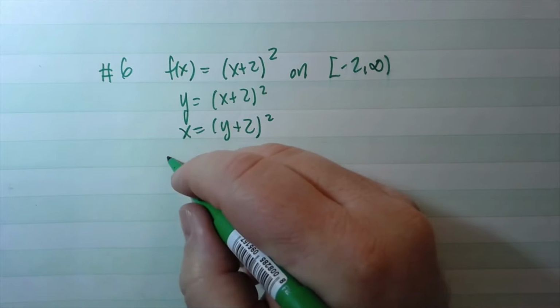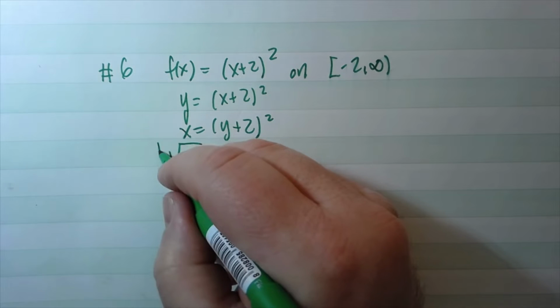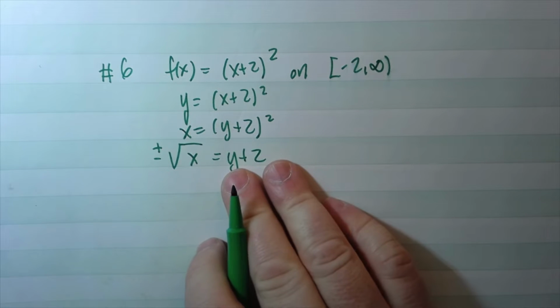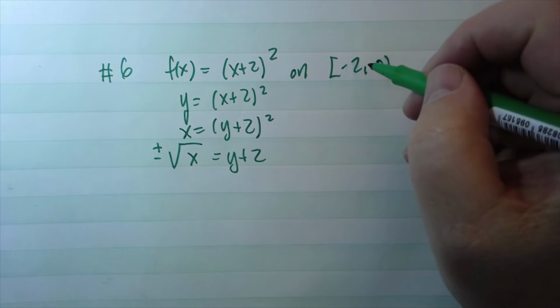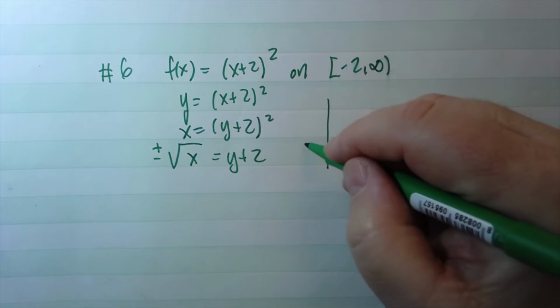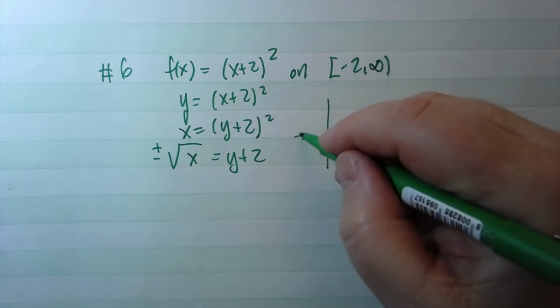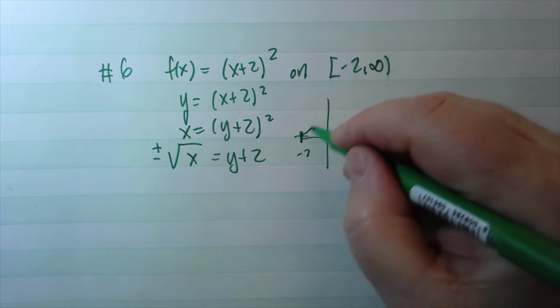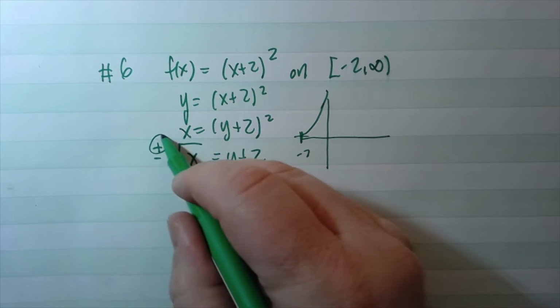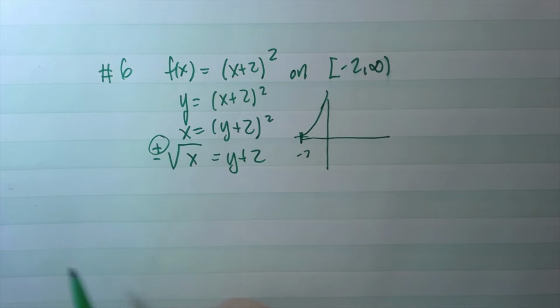So I take the square root, but there's two choices. Now, which one do I choose to use? Well, since I'm defining this on the positive interval, so that would mean that I'm at -2 here, and my interval is to the positive side, I'm going to use the positive square root.